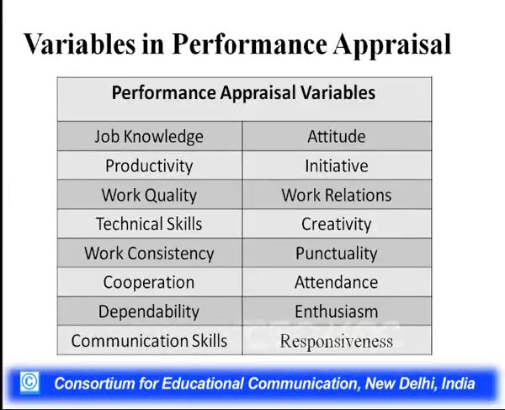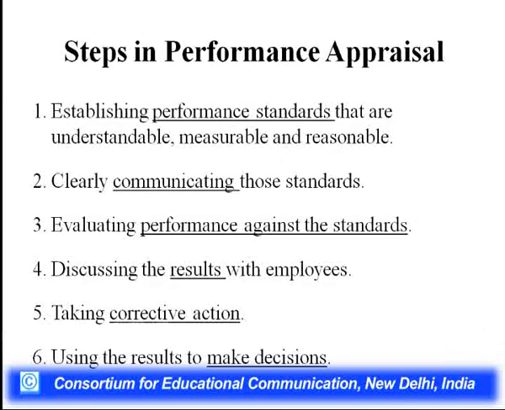We will be discussing, say, job knowledge, attitude, punctuality, creativity, work quality, cooperation, dependability, communication skills, responsiveness. These are some of the important variables taken care of in working out the performance appraisal, and there are certain important steps which are part of it. These include establishing performance standards that are understandable, measurable, and reasonable too.